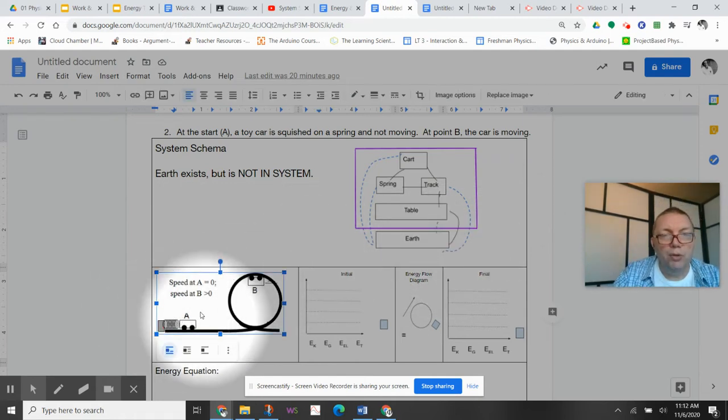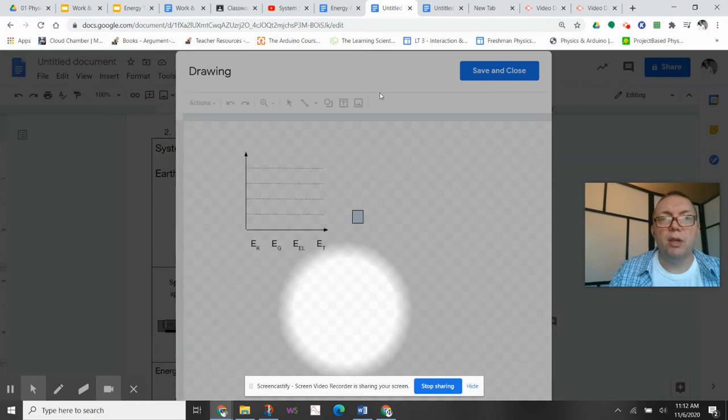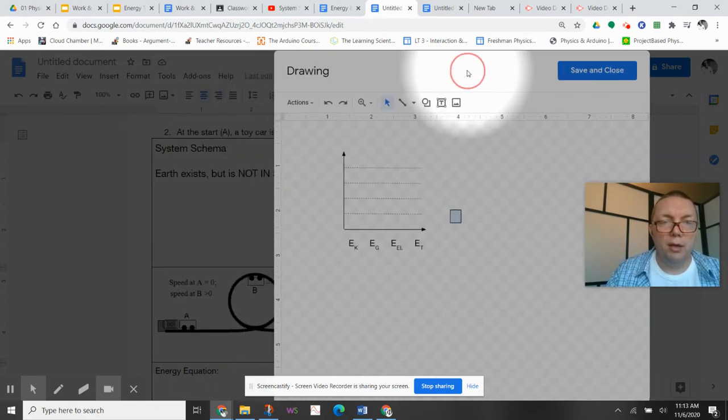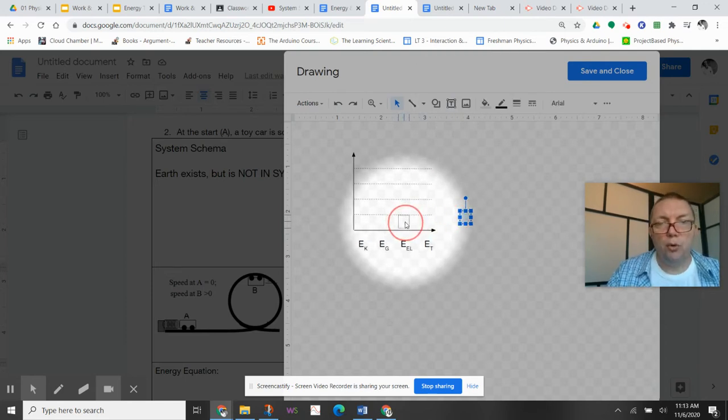So now we do have the spring in our system again. If the spring is in our system, the elastic energy that's present there is in our system. So I'm going to go back to this initial case. Just like in the past examples, there is still no kinetic energy and no gravitational energy because the object isn't moving, so no kinetic.